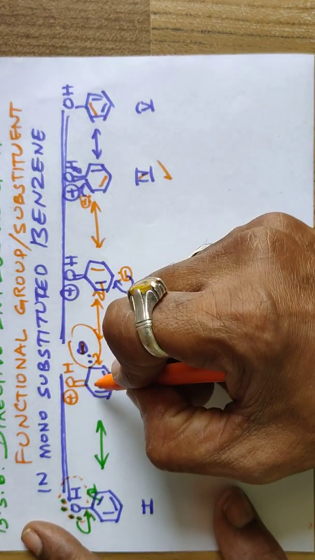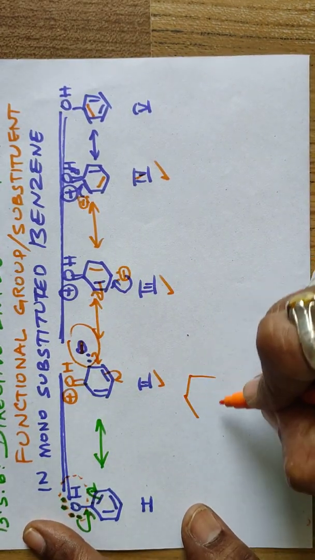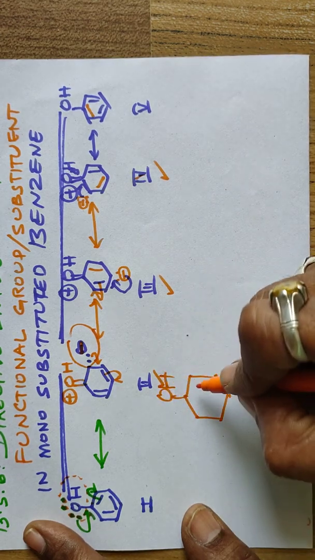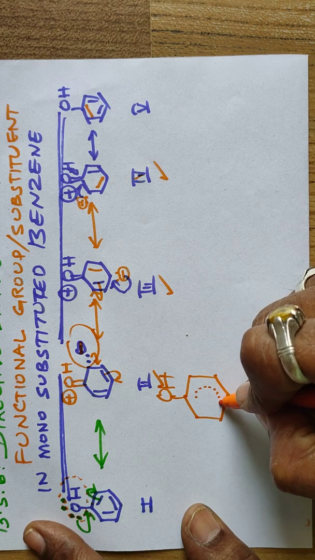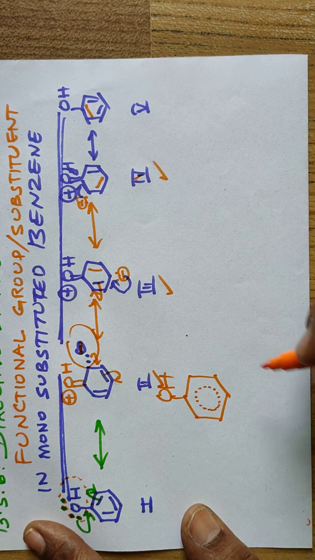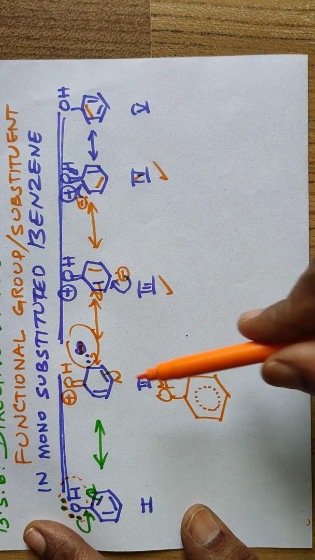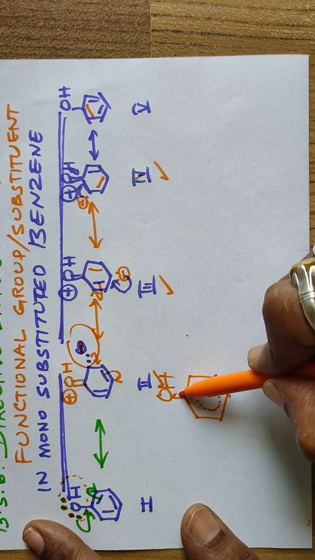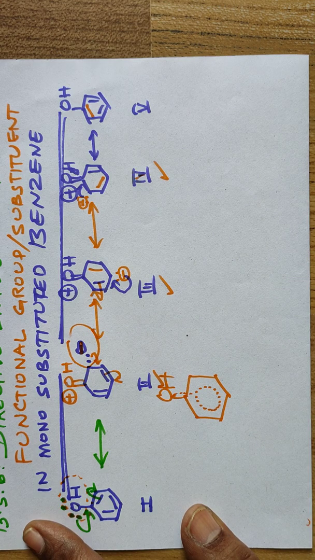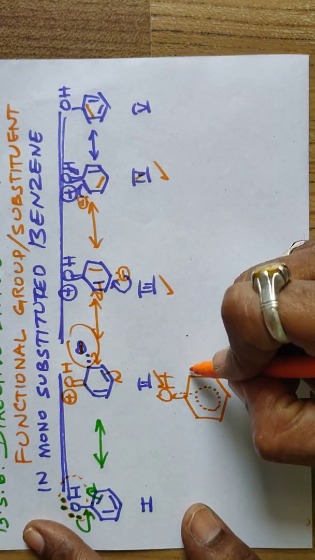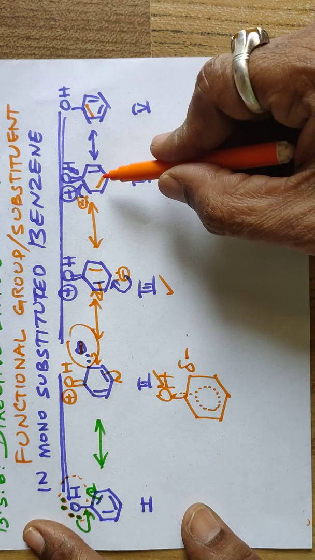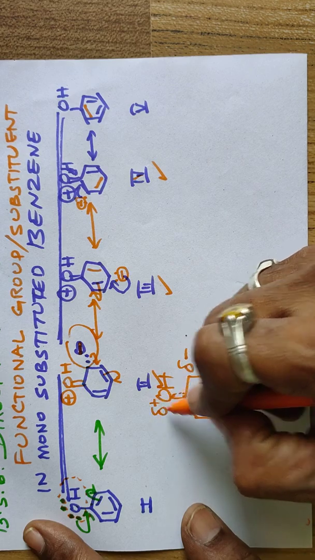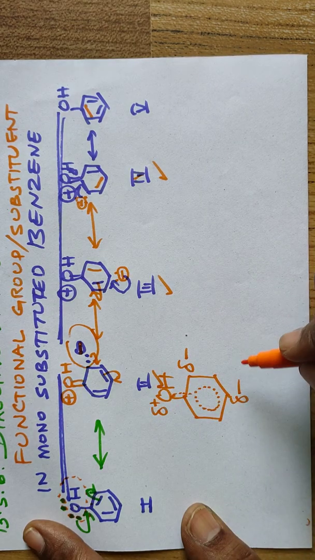For your better understanding, as OH is taken, I would like to write a continuous pi bond, because the single and double bond character is not there, it is a partial double bond character, like this. It is the resonance hybrid, and where is the negative charge? At this one delta minus, and at this one here delta plus, here delta minus, delta minus.